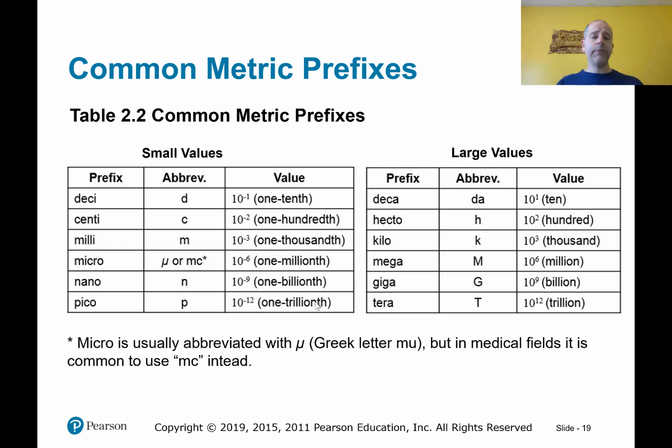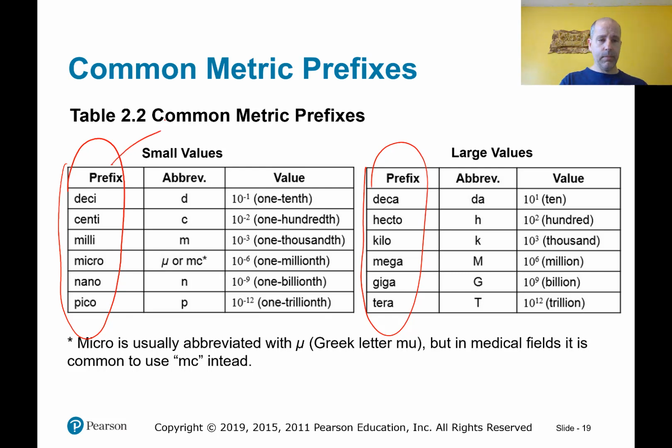Now, here are the prefixes that you're going to want to familiarize yourself with. For small values, we use these prefixes. For large values, we use these prefixes. Now, incidentally, these prefixes come from the Latin, and these prefixes come from the Greek translations, or the other way around.